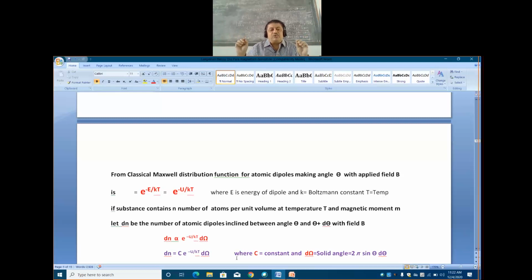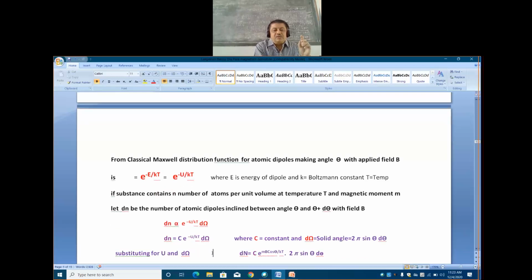So dn is proportional to e to the power minus U by kT into d omega, where d omega is the solid angle, defined by 2 pi sin theta d theta, like a cone making an angle theta. Removing the proportionality sign, dn is equal to c, a proportionality constant, times e to the power minus U by kT into d omega.